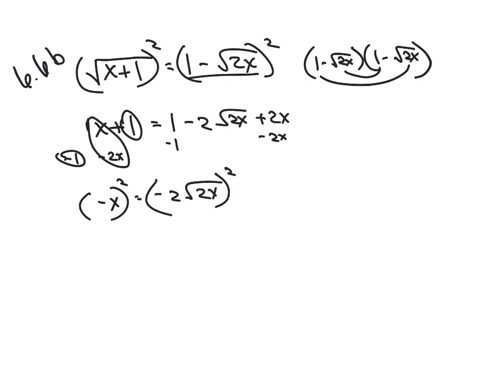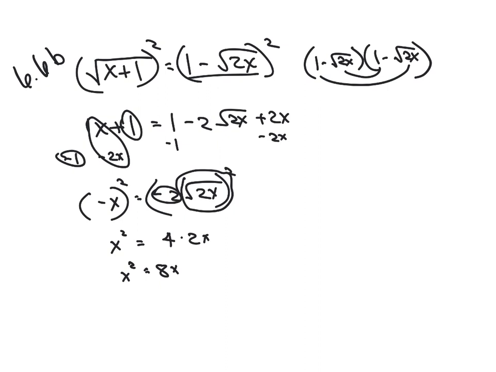So negative x times negative x is x squared, and that equals negative 2 squared, which is 4, and then if we square this here, we just get 2x, because remember, the radical sign comes off. That's our goal. So now we have x squared equals 8x.